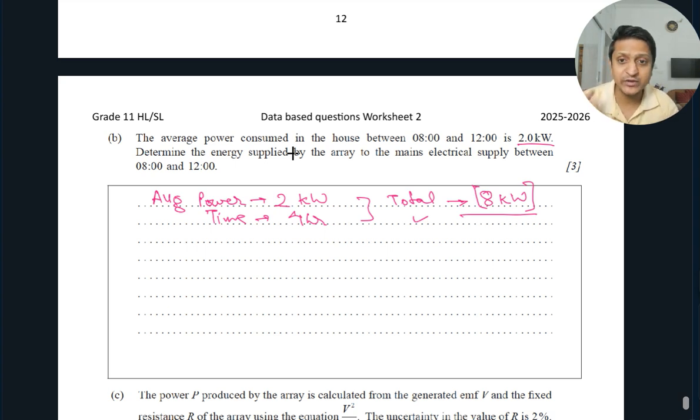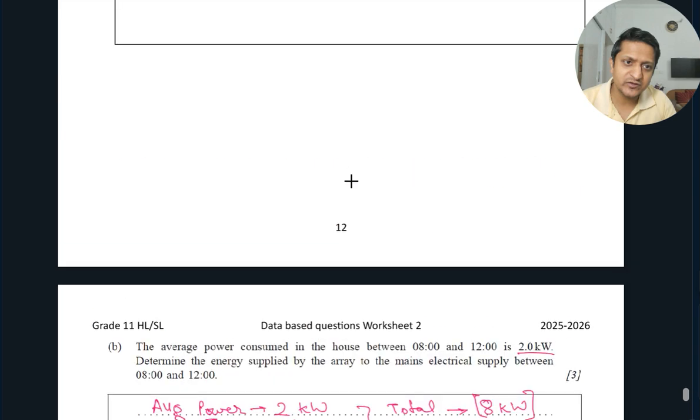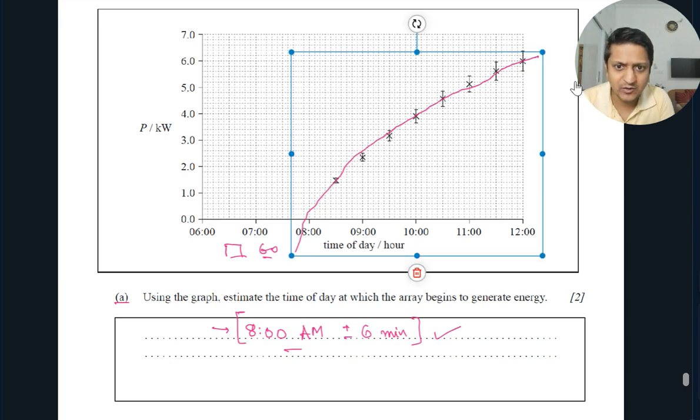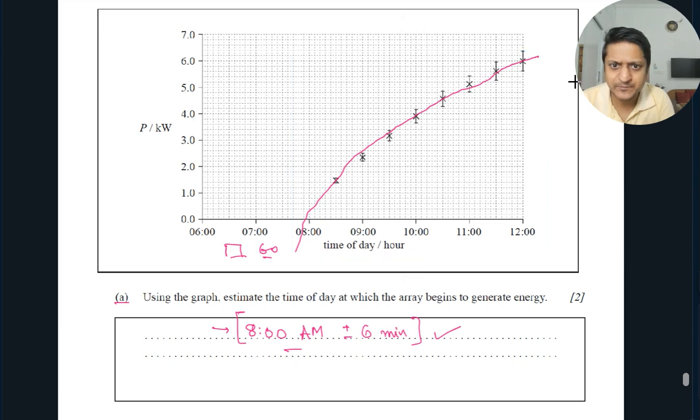So 8 kilowatts is the total consumed during that time. But we need to calculate how much energy is supplied. This will be known to us if we know the area under the curve. So for that, we need to calculate the area under the graph. There would be two methods.